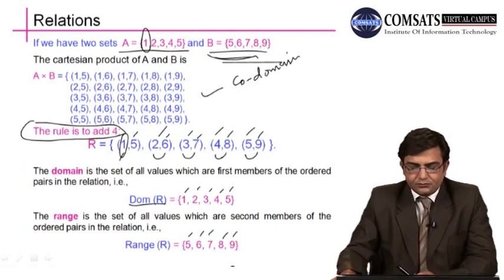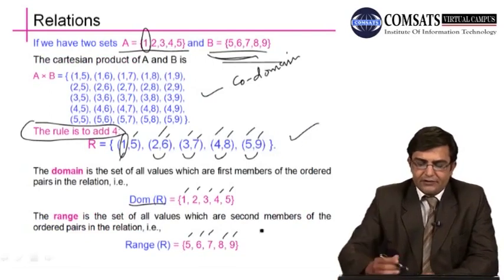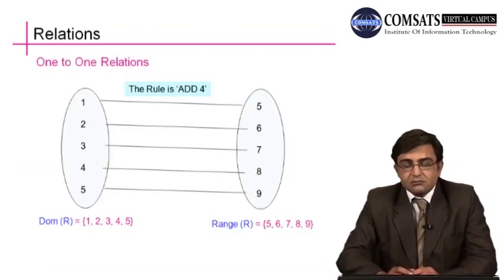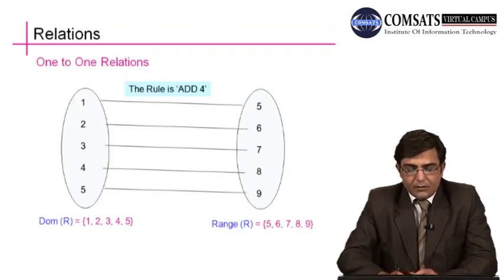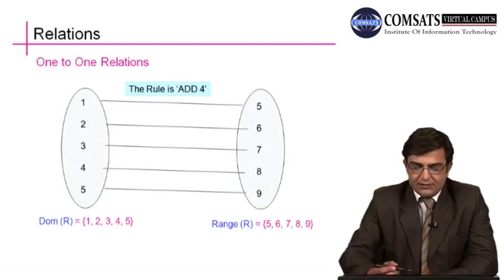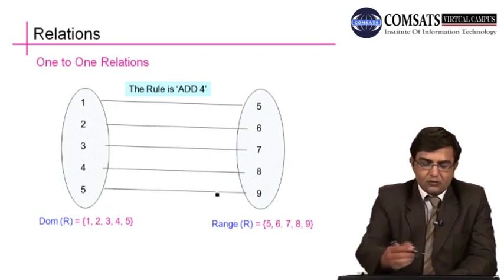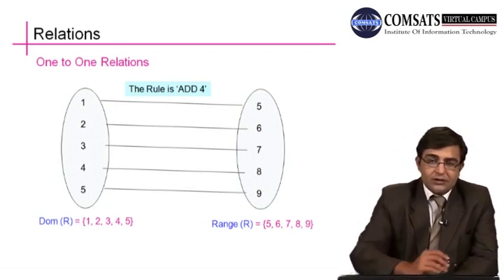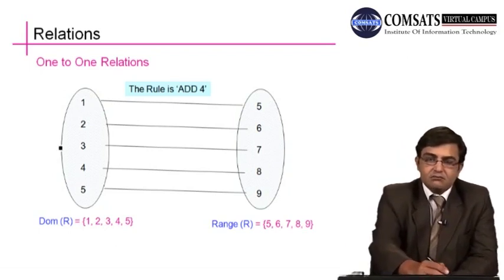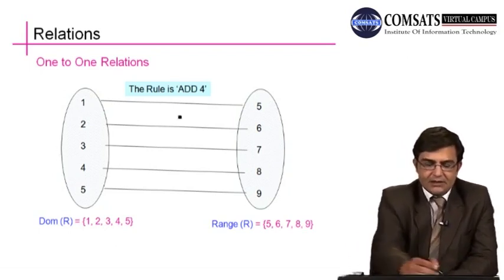So this relation R, which we have defined here, if we want to show it in a diagram, we can make a diagram to show this relation. That relation was basically (1, 5). We write the elements of the set A here like this, and the set B like this.